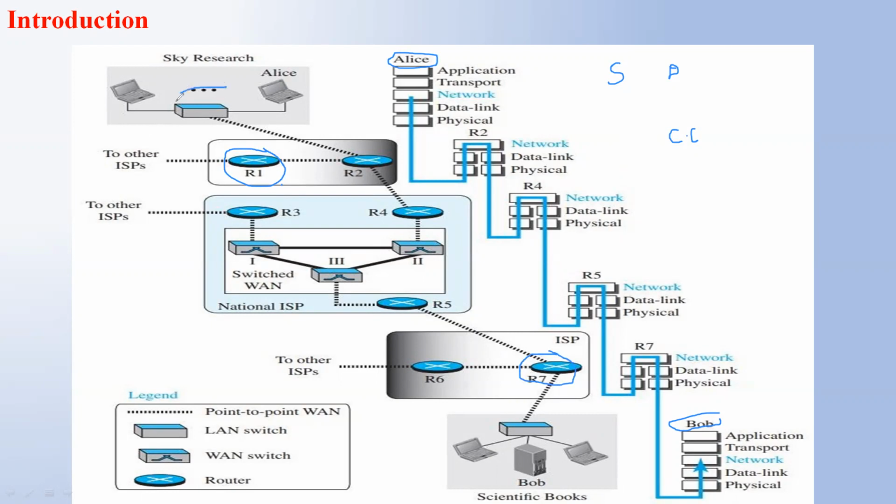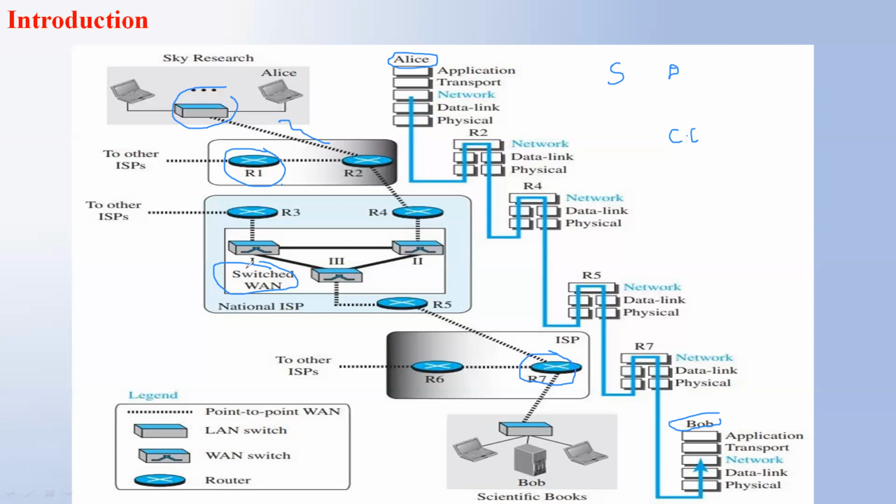That is, we have used a LAN switch, and we also have two different types of WAN, a point to point one and a switched one. So in order to have better communication, we use point to point, LAN, switched WAN, and several routers.